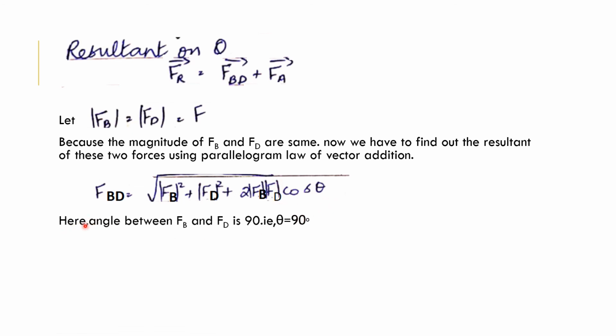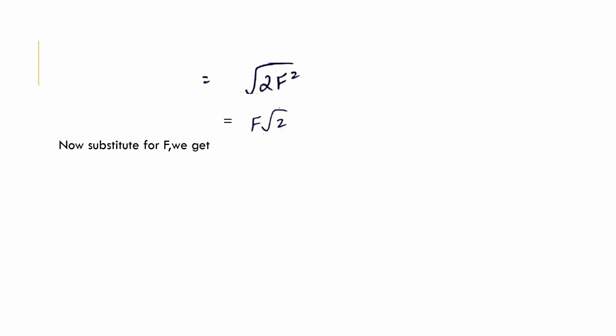You can see in the diagram the angle between FB and FD is 90, and cos 90 is 0. So the term 2F square into 0 will not be there. You are left with only F square plus F square. The entire expression does not go to 0, only this term goes to 0, because cos theta is multiplied with this term only. So FBD is equal to square root of 2F square, that is F root 2.